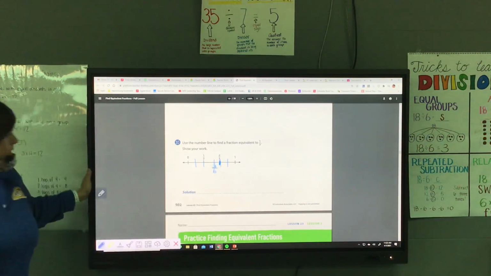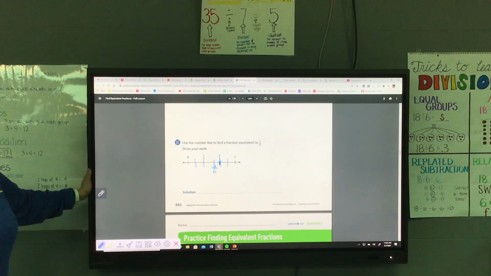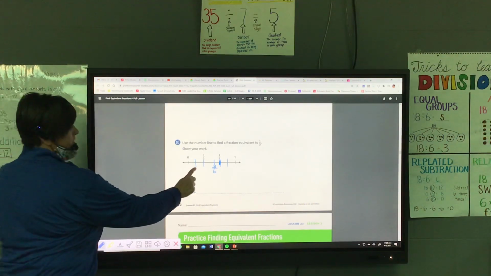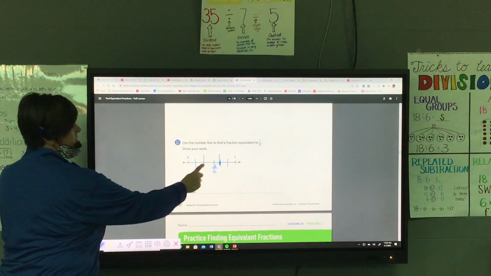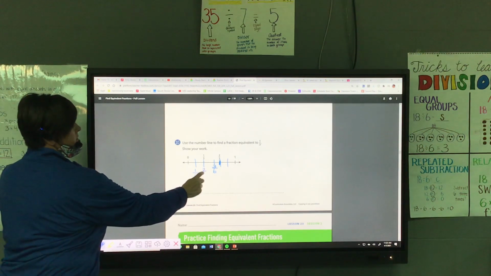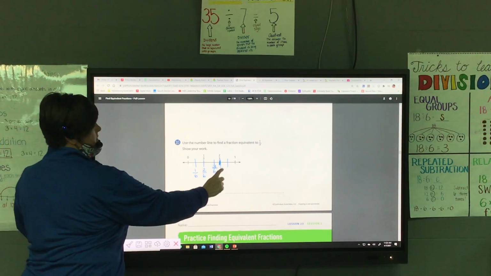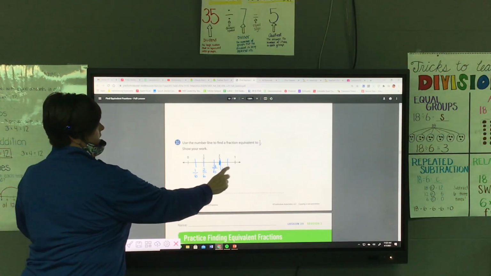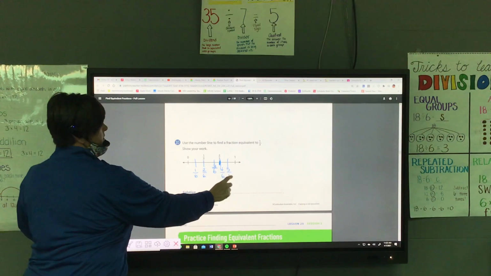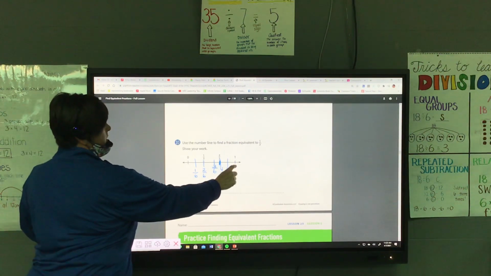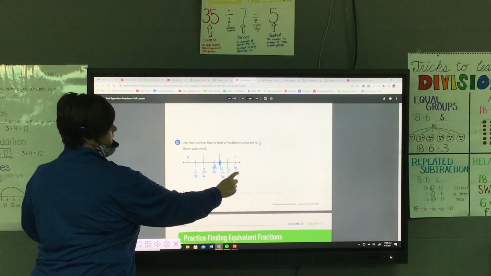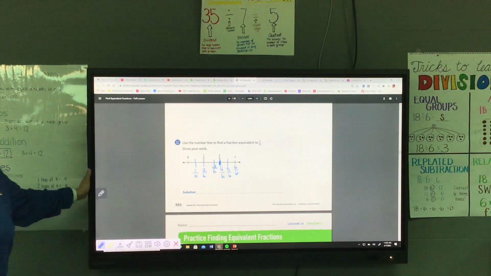Right there. What's this fraction right here? 1/6. Then 2, we already had 3/6. What's next? 4. After that? 5. And what would the 1 whole be? 6/6.